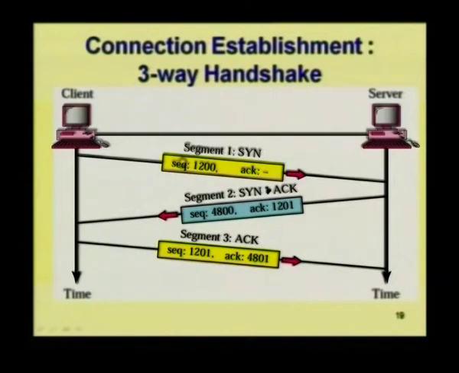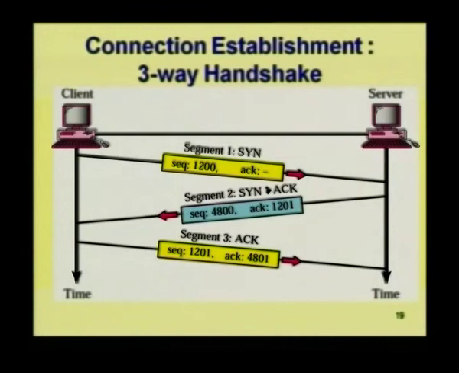I told you that the sequence number starts at a random value. So that random number at which you want to start your sequencing process is indicated in this SYN packet. In this example, the sequence value specified here is 1200.